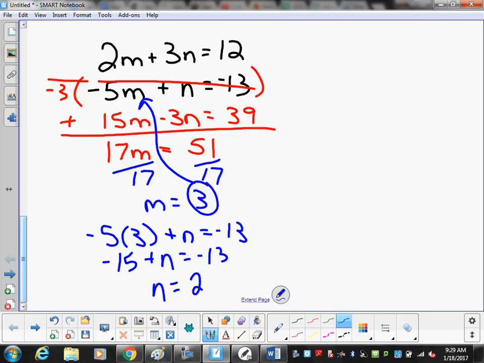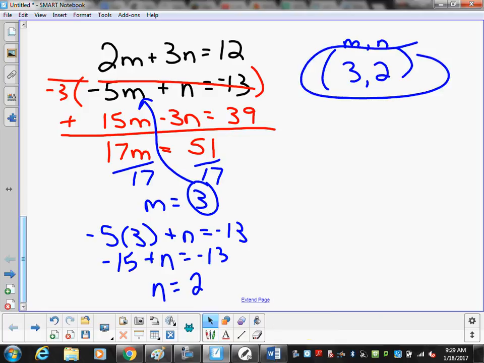So y'all, let me say that out loud for everybody to hear. Somebody said because we're not dealing with X and Y, the order doesn't matter. The answer is you have to put them in alphabetical order. So since M comes before N, your solution is going to be M comma N, and in this case that's 3, 2. So alphabetical order is the way it has to go when you're putting in a solution like that.